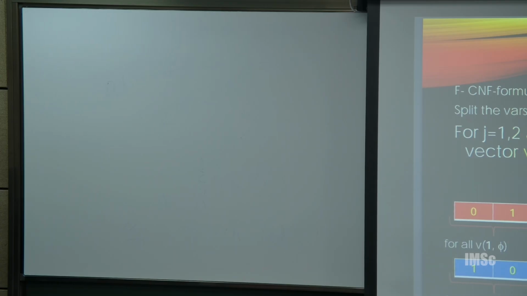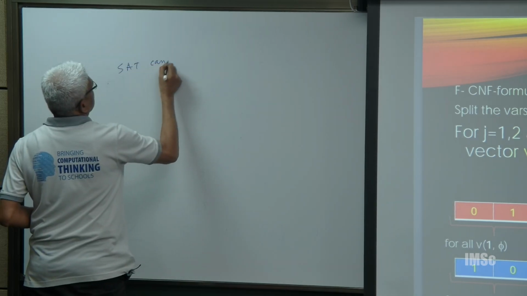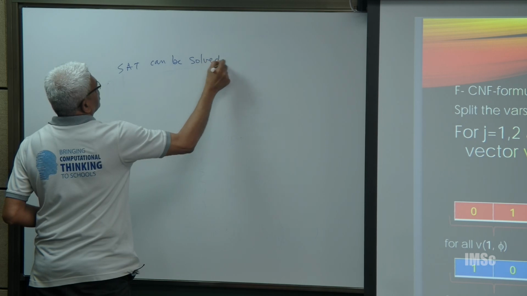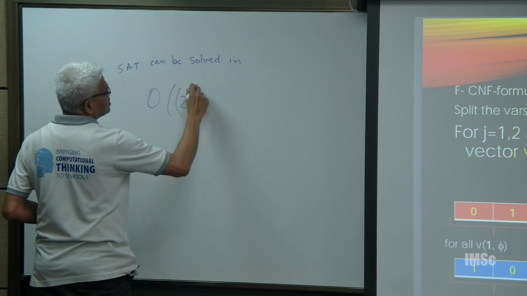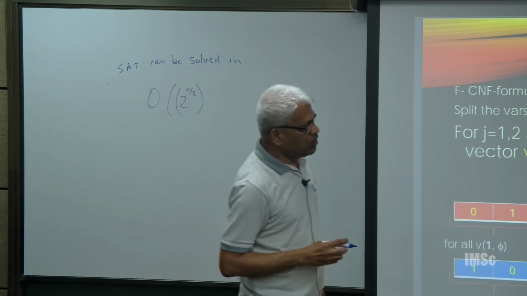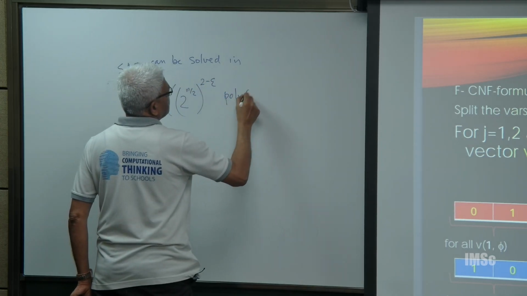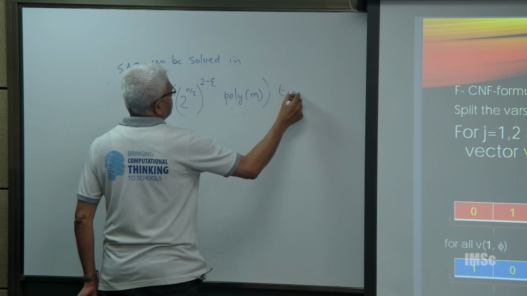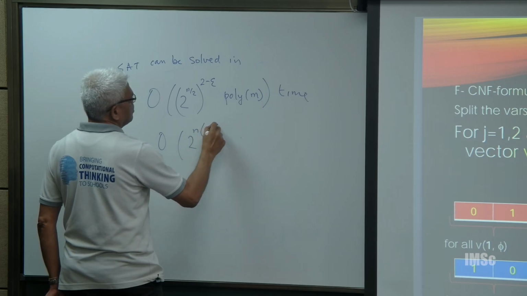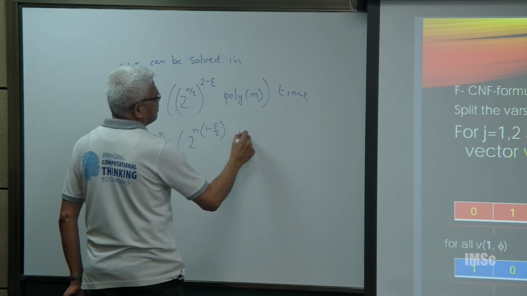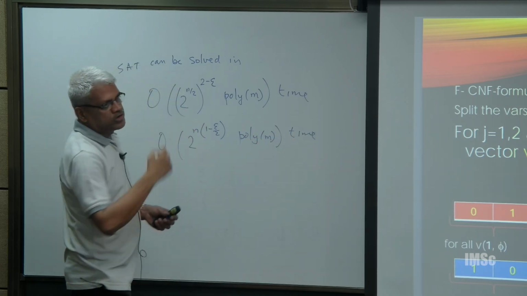So, now we have SAT can be solved in 2 power n by 2, that is my n power 2 minus epsilon, into poly in n, and this is basically order 2 power n into 1 minus epsilon by 2 into poly in n, which is what we wanted to show.